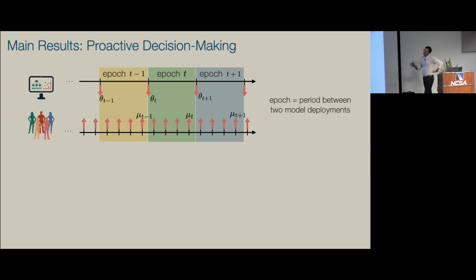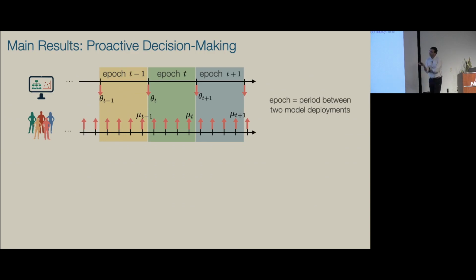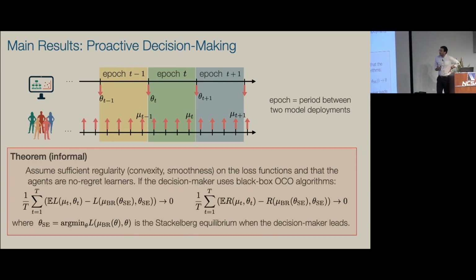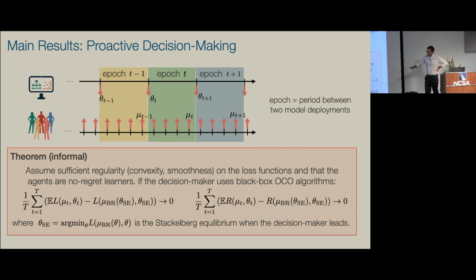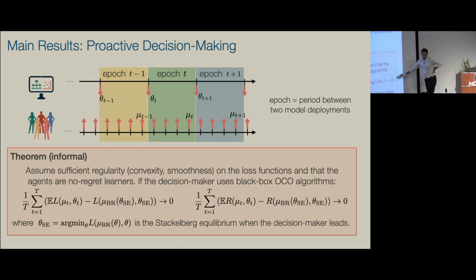The first case, as I mentioned, is the case that we've looked at in classic strategic classification work. In which case we define an epoch as the time between model updates of the decision maker, and under sufficient regularity assumptions on the two losses, and assuming the agents are no-regret learners, if the decision maker uses a black box online convex optimization algorithm, we can show that they will converge to a stackelberg equilibrium where the decision maker plays first, or leads.